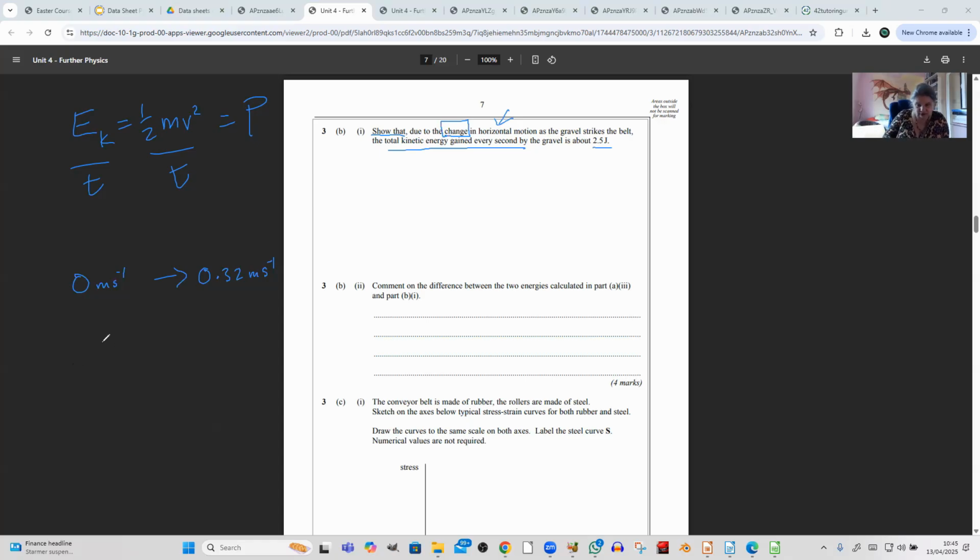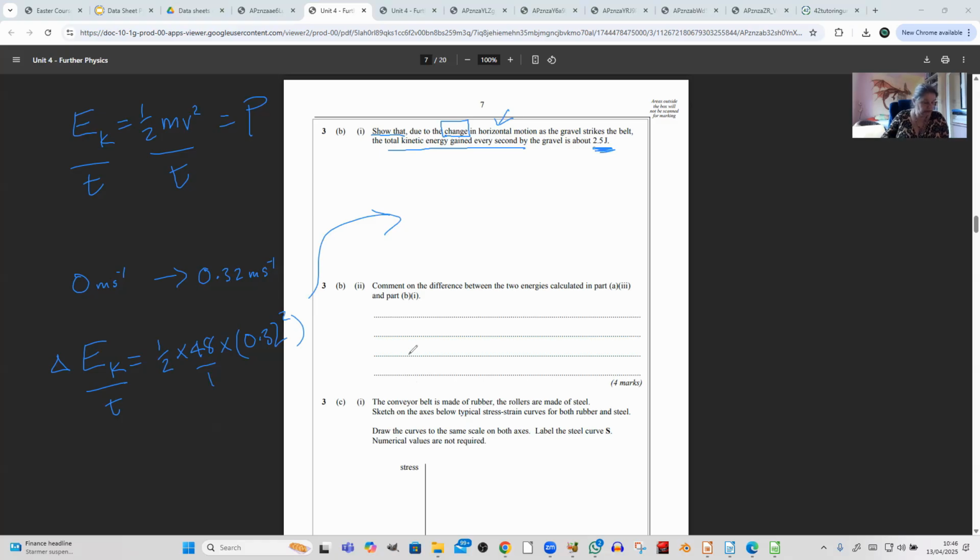So the change in kinetic energy is a half times the mass. Well, that was 48 kilograms, wasn't it, each second? This is now over time, because that one's over 1 second. Can you see it's over time? Times 0.32 squared. So there is my kinetic energy, and that should be 2.5.